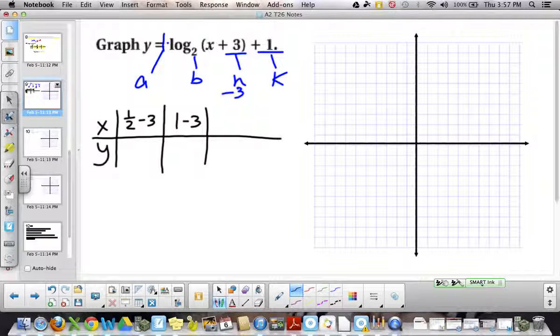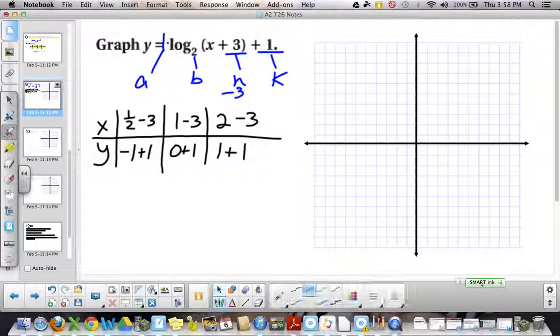Our third x coordinate will be a times b, so 1 times 2, which is 2, plus h, which is minus 3. Then our y coordinates for those points will start out with negative 1 plus k, then 0 plus k, and finally 1 plus k, so 1 plus 1.